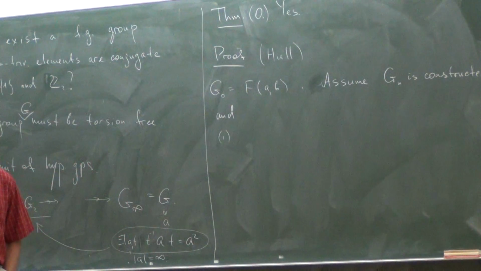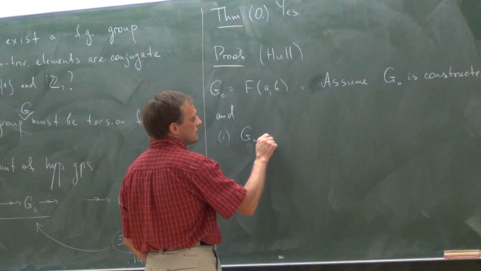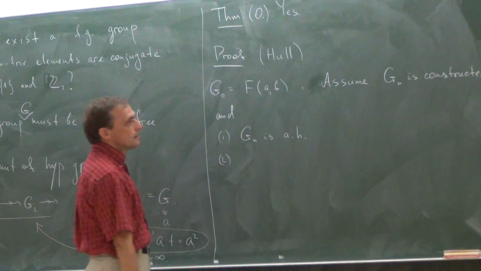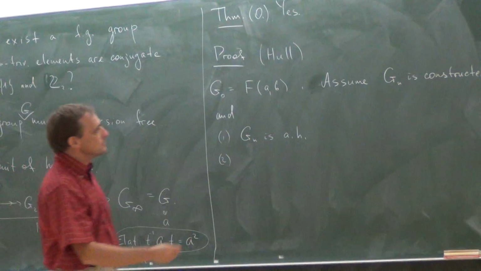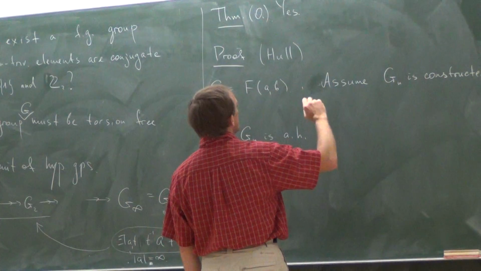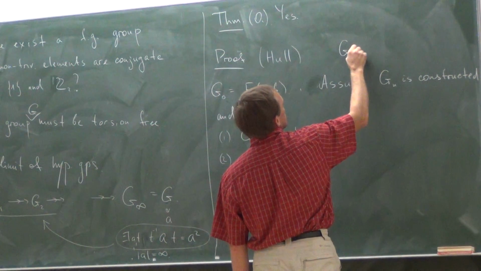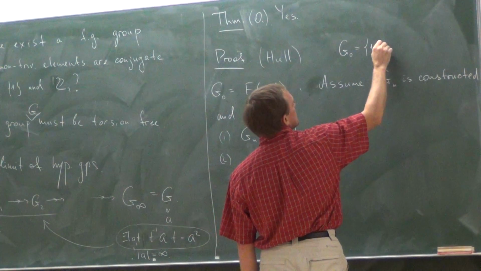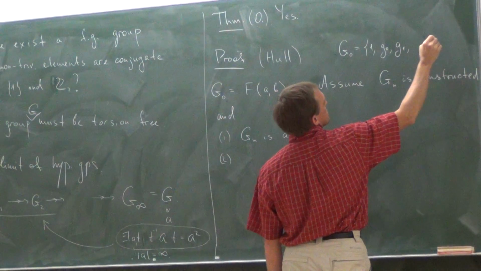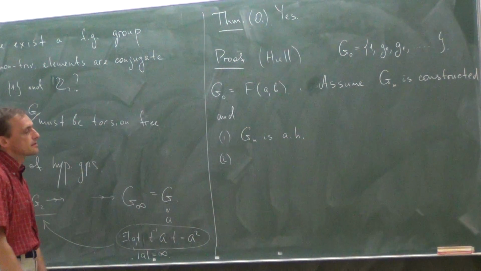So this is my inductive assumption. First of all, Gn is acylindrically hyperbolic. Second condition, well, let me enumerate all elements of G0. So let's say G0 equals {1, g0, g1, and so on}. I enumerate all elements, countable group.